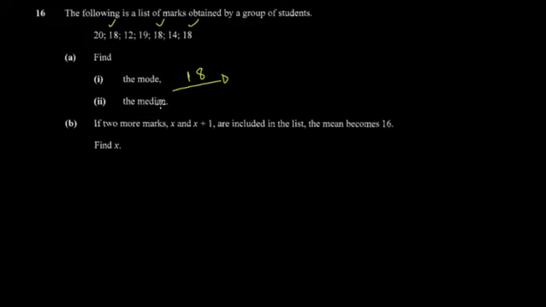Okay, so in order for you to get the median, you first have to arrange these in either ascending or descending order. Here I'm going to arrange them in ascending order.